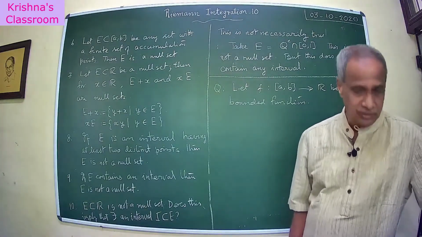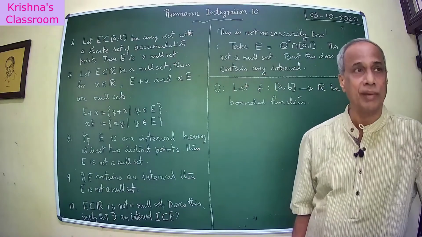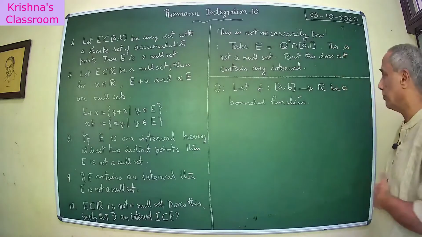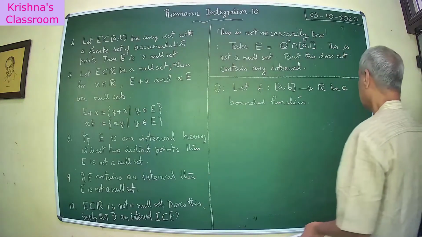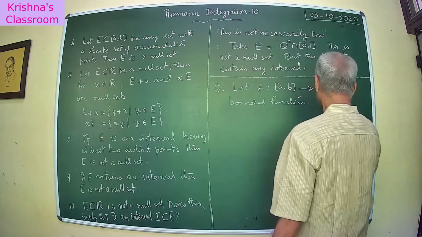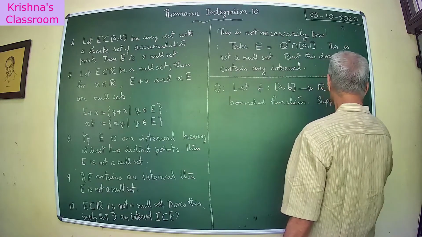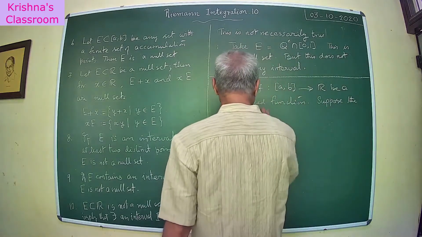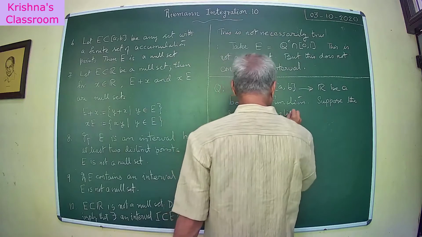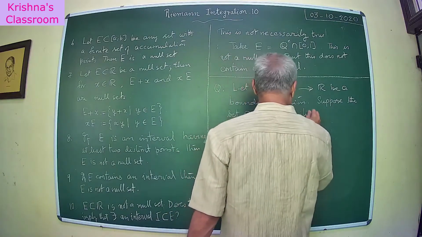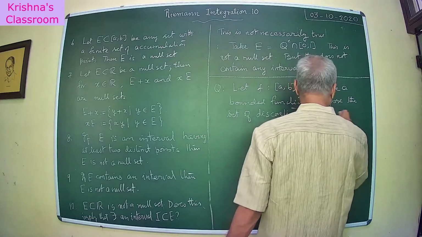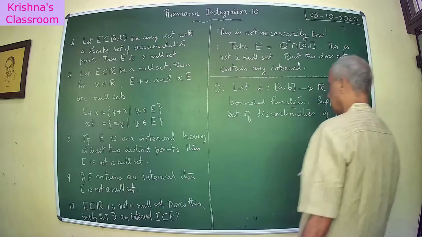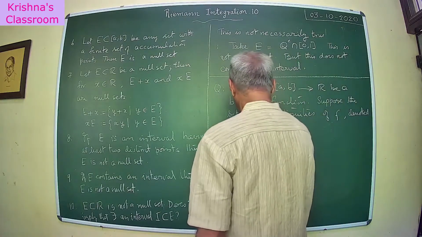Suppose we know that the set of discontinuities of f, denoted by D, form a null set.